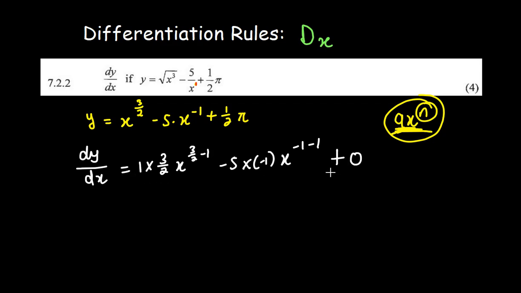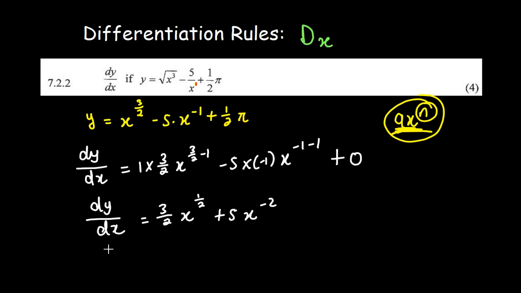So remember, when I'm applying the rules, I write dy over dx, then I simplify my dy over dx, to say now the answer would be 3 over 2 x. What is 3 over 2 minus 1? That will be half. And then here -5 times -1, that is 5, and then you have x to the power of -2.